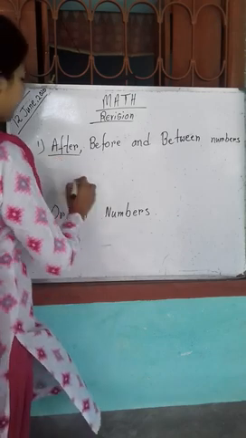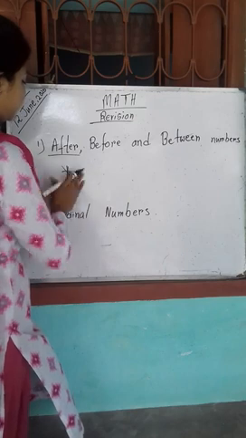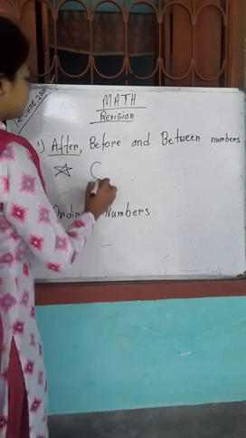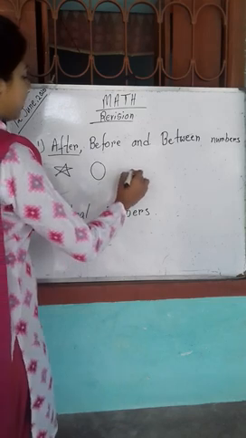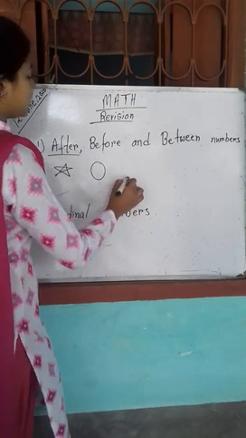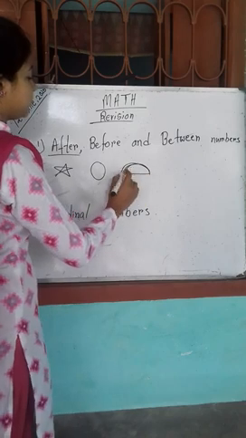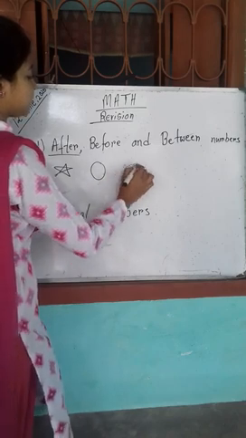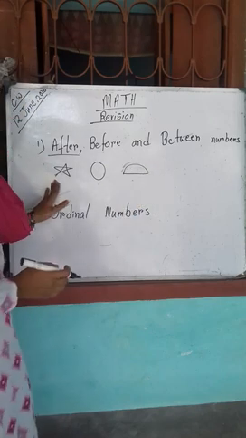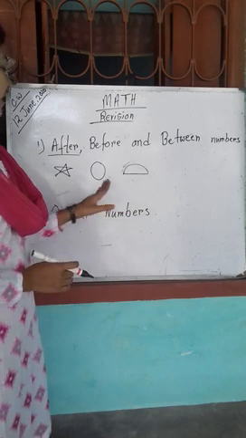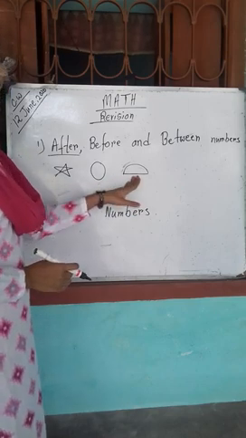Suppose you have a star, a circle, and a half circle. I have written here three pictures: a star, circle and half circle.